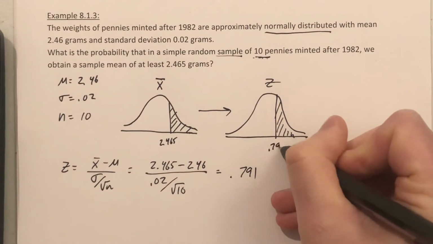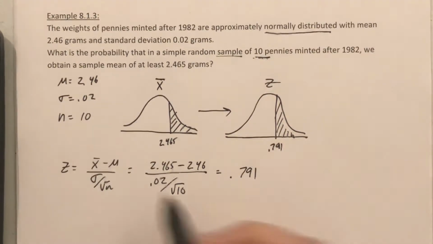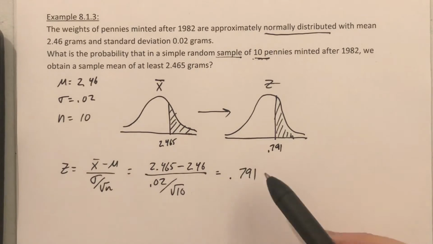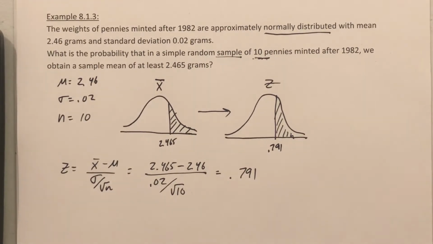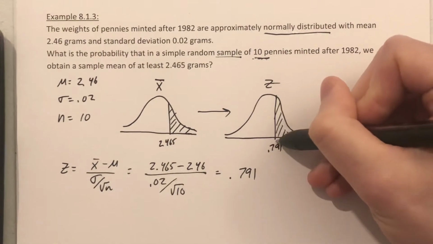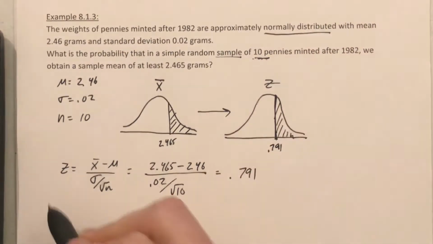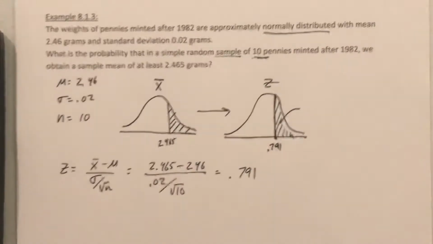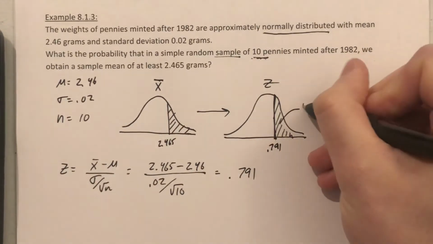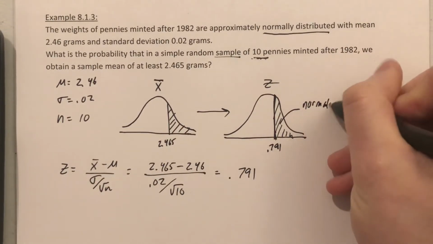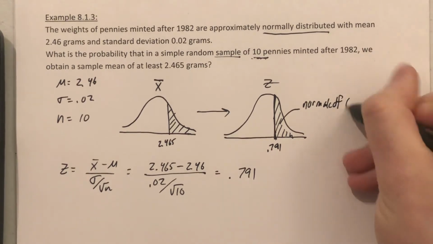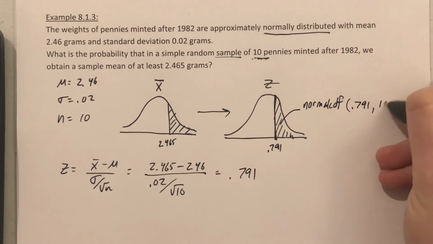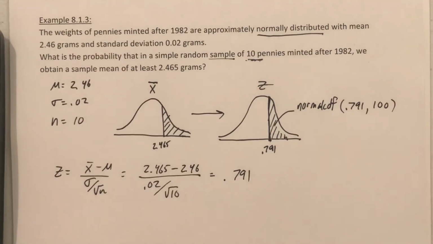And so 0.791, remember, very important, this is a z-score. This is not the probability, even though that decimal looks like it could represent a probability. It is labeling the location of that line. That's what we're getting from a z-score formula. Once you've labeled the picture, now we can use this z-score in our normal CDF function and say we want the area from 0.791 off to some big number like 10 or 100.